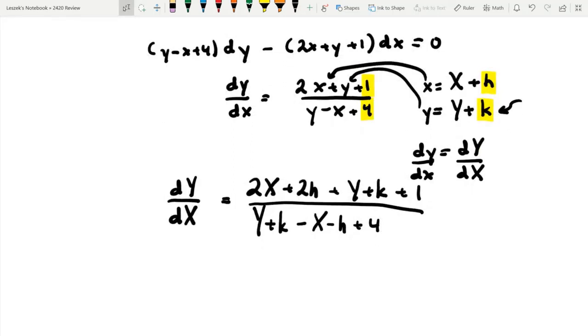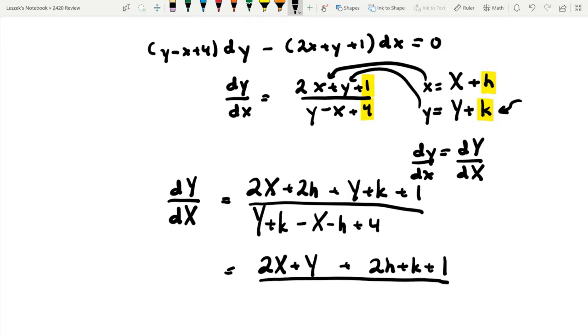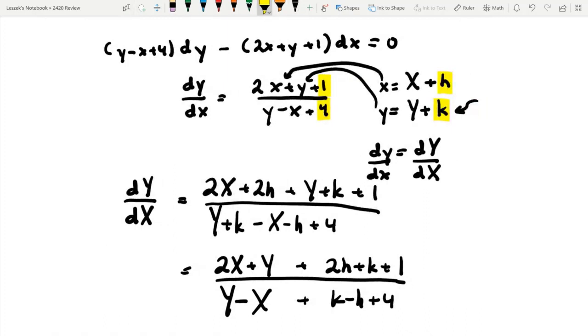what you want to do is gather the variable stuff, and then gather the constant stuff. And the purpose here was to get this constant to be 0 and this constant to be 0, right?